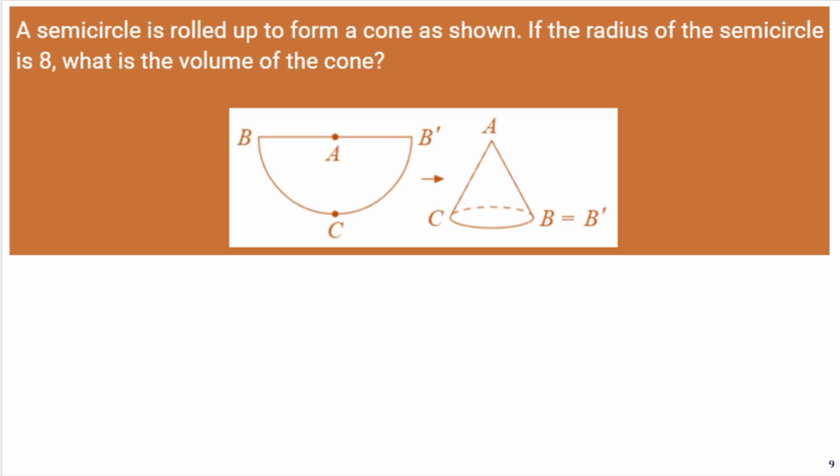Okay, another question. A semicircle is rolled up to form a cone as shown here. If the radius of the semicircle is 8, what is the volume of that cone?